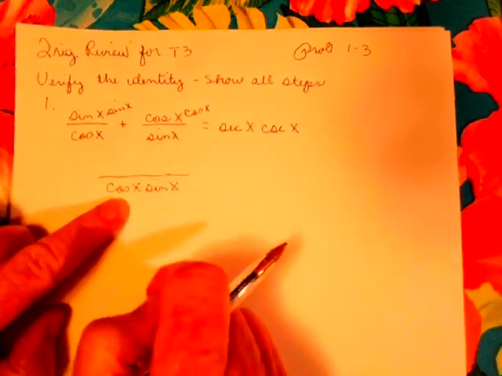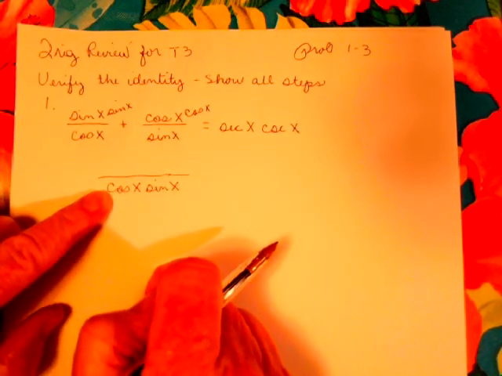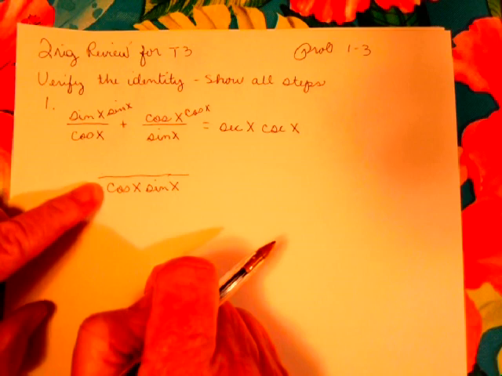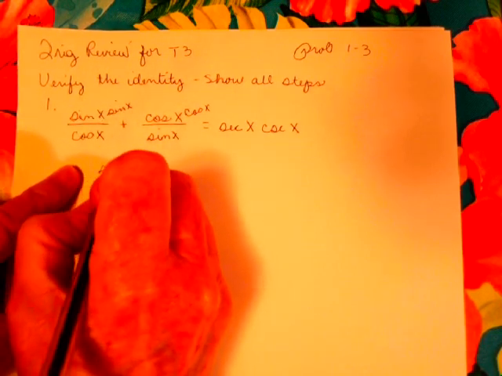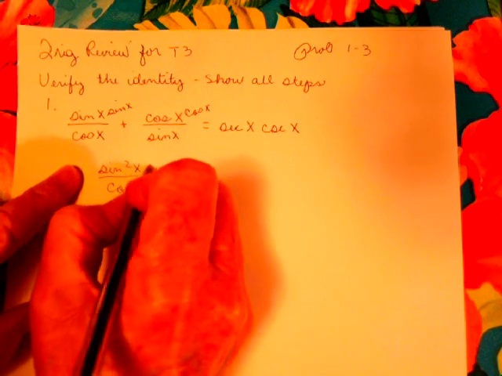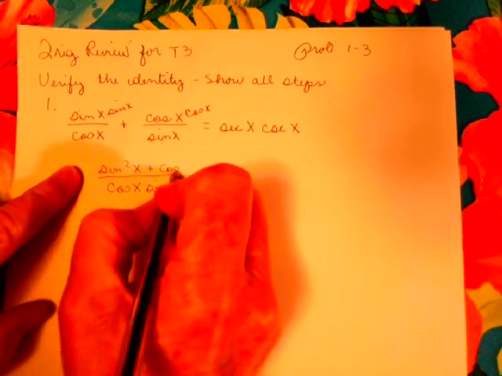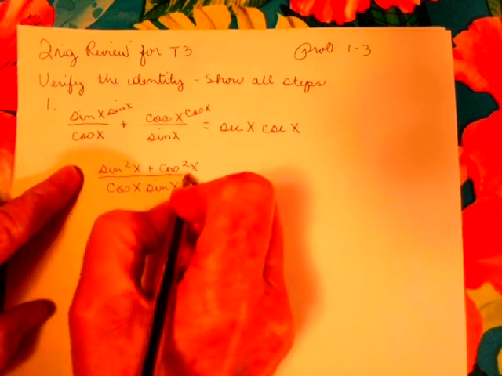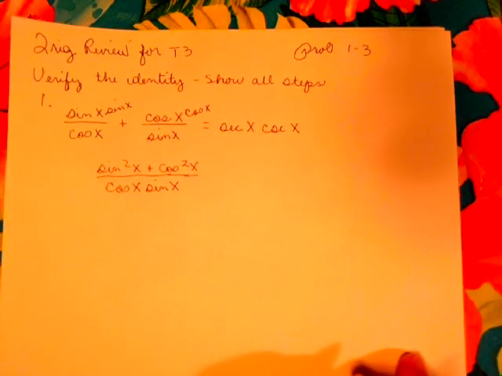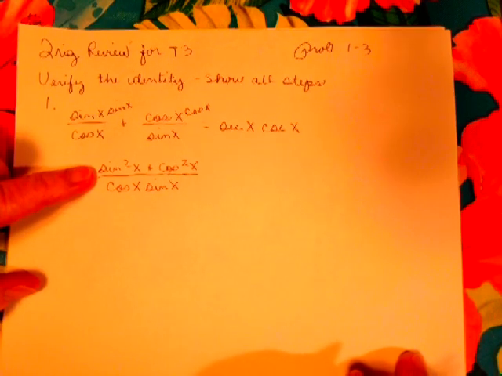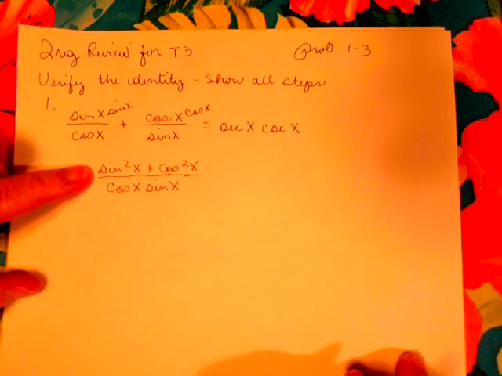Whatever you multiply those denominators by, you have to also multiply the numerators by. So this becomes sine squared of x plus cosine squared of x. You know from your identity sheet that sine squared plus cosine squared equals 1.